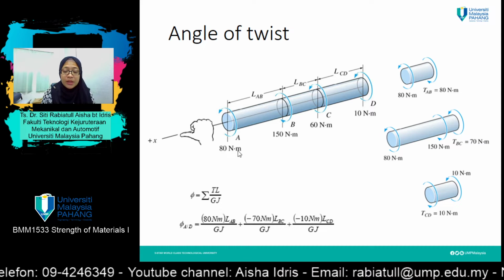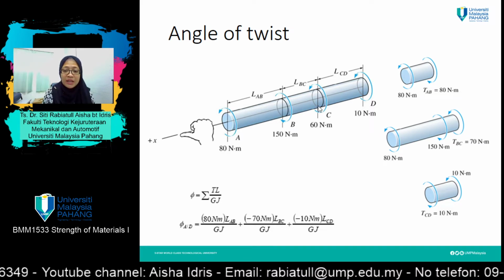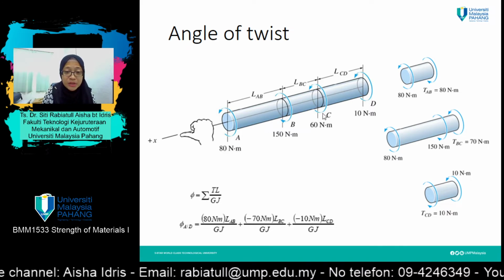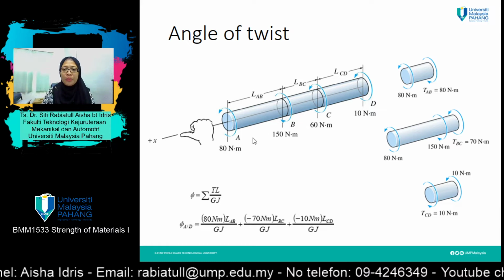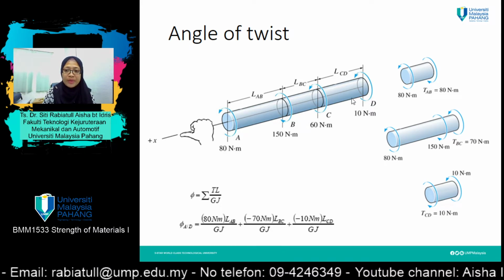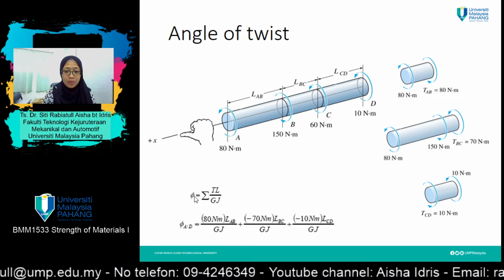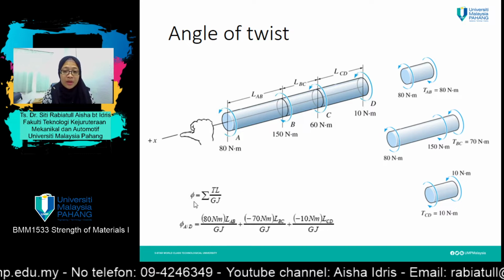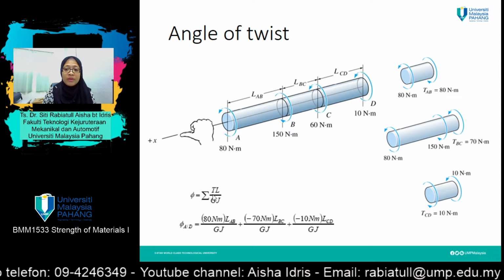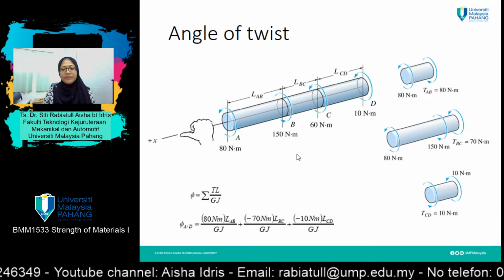You need to determine the location of torque loading at each section, and from there cut each section. For this shaft you have sections 1, 2 and 3, so to find the angle of twist phi, we need to sum all the TL over JG acting on the whole shaft.